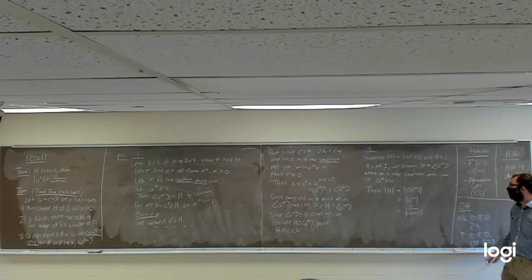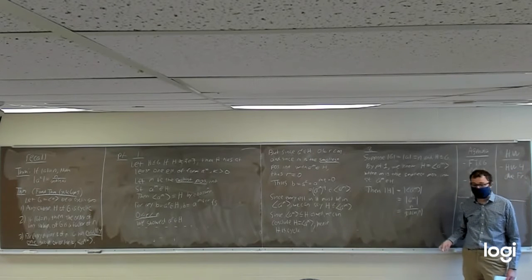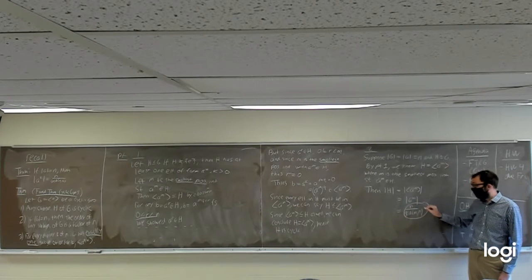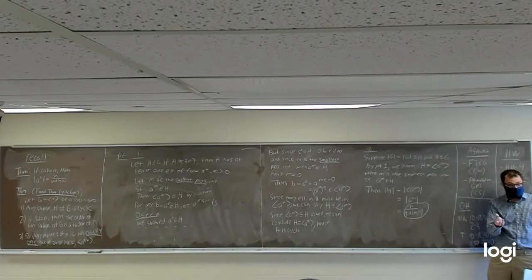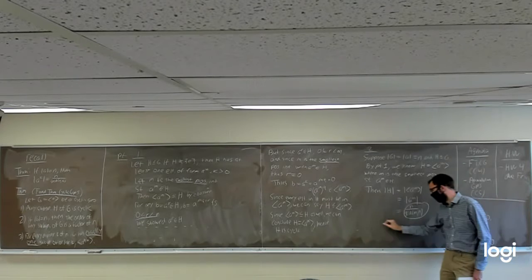We're trying to show that the order of H divides n. In other words, that n is a multiple of the order of H. Do we know if n is a multiple of this thing? Well, we can multiply it by the GCD of m and n, and we get n. So, bingo.